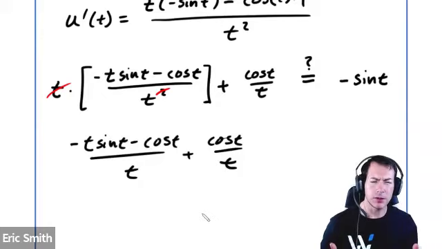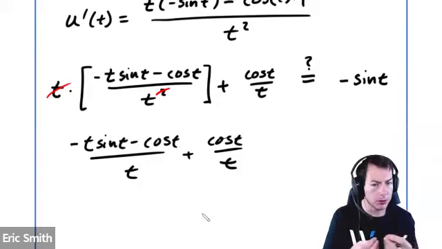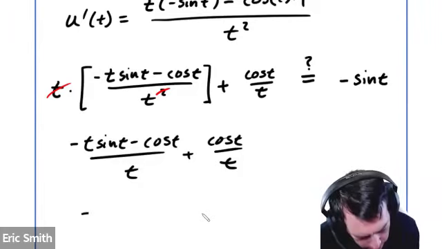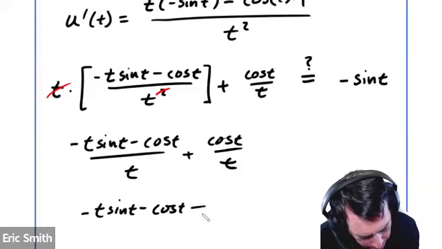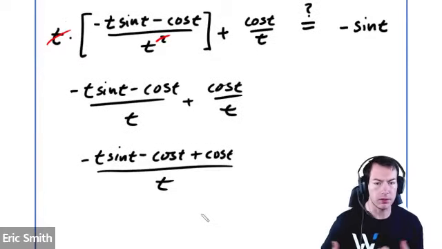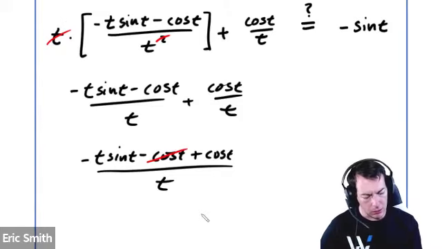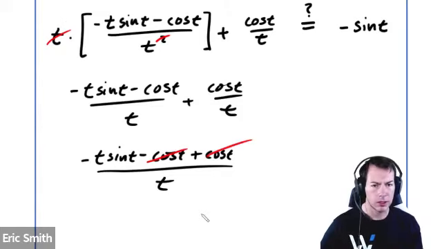And that was pretty good for us. It looks like we have two fractions, and they happen to have a common denominator. So I can definitely put them together just by combining the numerators of each of these fractions. Which, as you can see, is especially handy. As soon as I put these two fractions into one, the minus cosine and the positive cosine are going to cancel each other out.